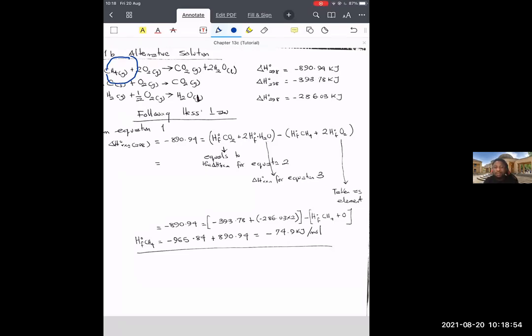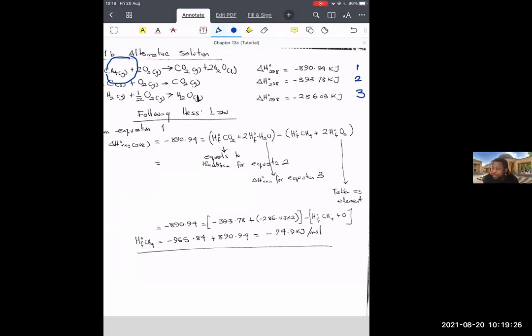Remember, whenever we talk about heat of formation for individual components, we talk about heat of reaction for the entire process. Looking at this, you see there that we definitely can't use equation 1 to do that. So we have equations 1, 2, 3. We cannot use equation 1 only to estimate our heat of formation for methane.